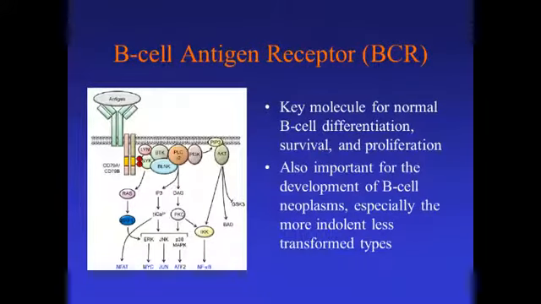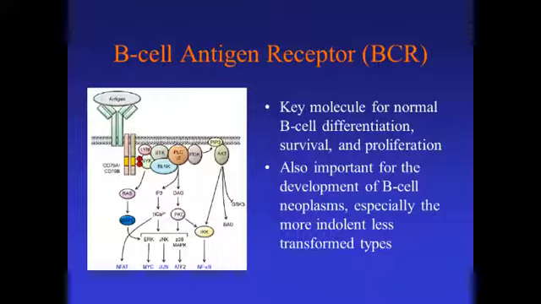So as I mentioned, I'm going to try to focus a little bit on the B-cell antigen receptor that's playing an important role in the development of this neoplasm. And it's sort of cartooned here. It consists of surface immunoglobulin, which represents the antigen binding part, coupled to a bunch of signaling moieties. So this is a key molecule for normal B-cell differentiation and survival. If a normal B-cell loses this antigen receptor, it dies.